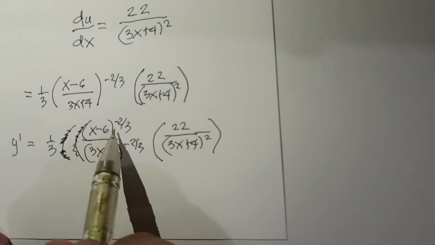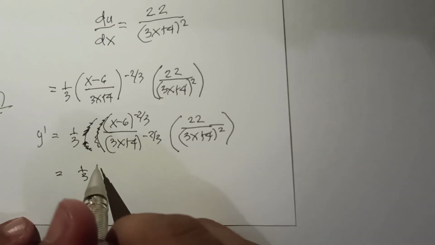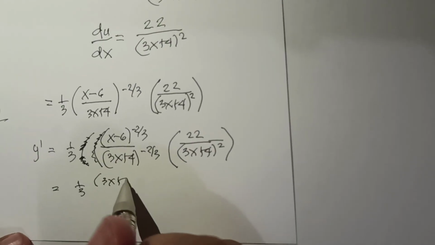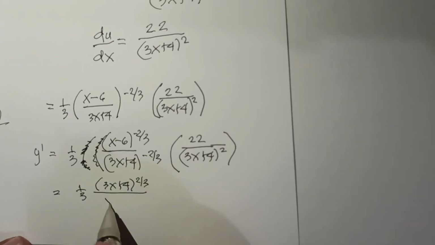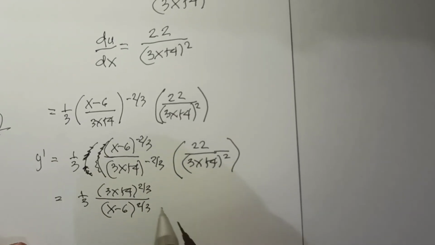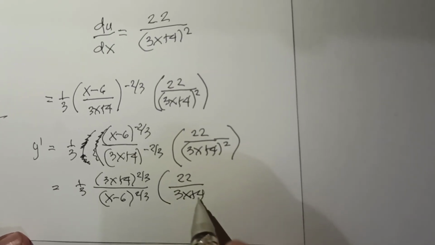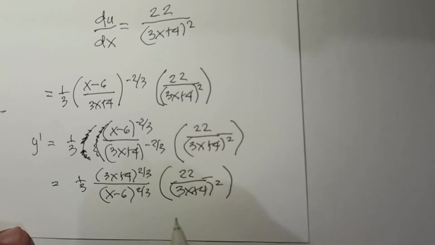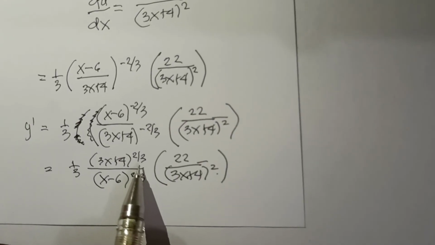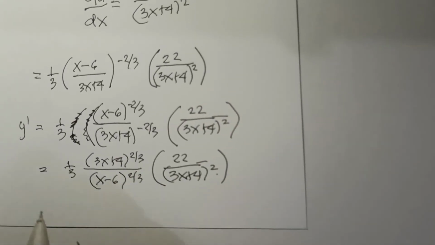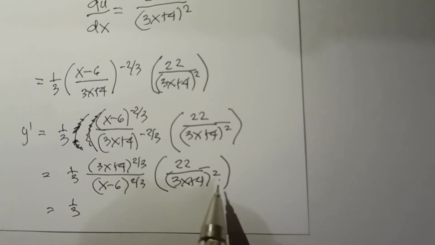Okay. Since negative, we could interchange this one. So 1/3, this becomes 3x plus 4 raised to 2/3. Naging denominator, naging numerator because of the negative. x minus 6 raised to 2/3 times 22 over 3x plus 4 squared. Okay. Since 2/3 and 2, we could subtract this one because this is division. So we have 1/3. What is 2/3 minus 2? That is equal to 4/3.